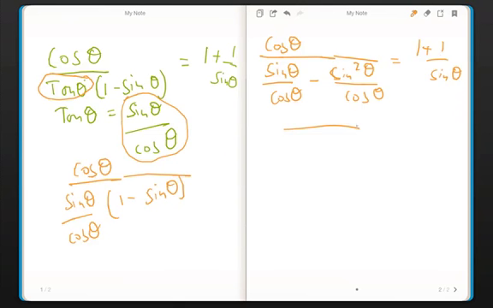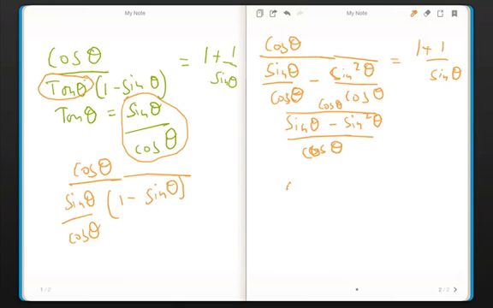Now we take LCM on this. Cosine of theta is our LCM, so sine theta minus sine square theta, and this whole thing is divided by cosine of theta.